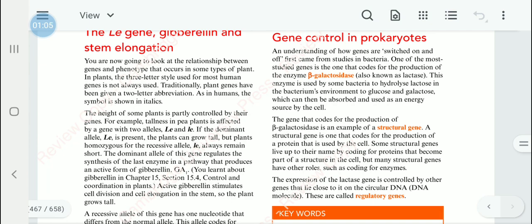In some plants, the height is partly controlled by environmental factors. But in some plants, it is partly controlled by the genes. For example, in the pea plant, there is a gene called LE which affects the height.